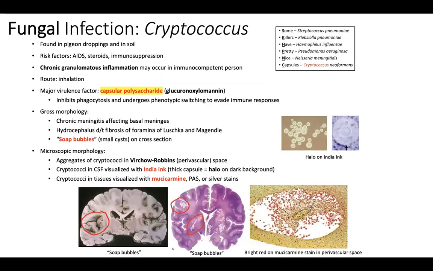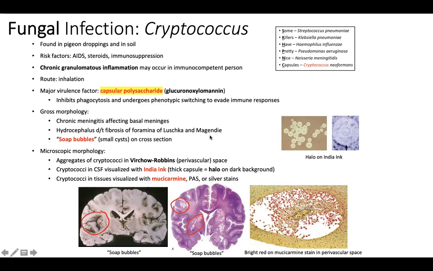Cryptococcus is a capsular polysaccharide. So look at this big capsule that we see, those big halos on India ink. Chronic granulomatous infections may occur in immunocompetent people. So think about AIDS, steroids, immunosuppression.